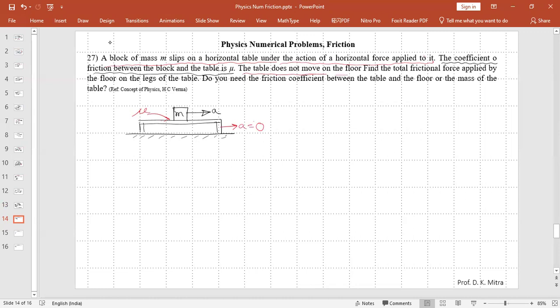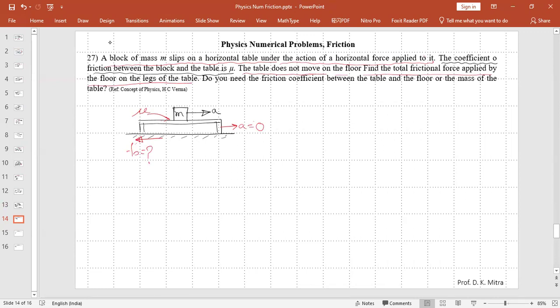On the floor, find the total frictional force applied by the floor on the legs of the table. So what frictional force is applied on the table? This is the question. They have not asked the frictional force between the small body and the table.